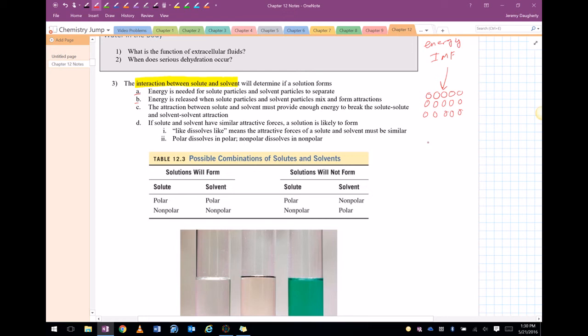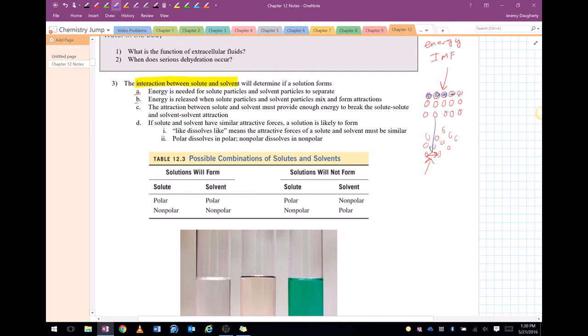The solvent also needs to be separated. On the molecular level, for the solvent, there's no space between these particles, because if there was space, there would be something there. We're not going to create a vacuum right in the middle of our solvent. So we have to separate these particles from each other so that we can put one of these solute particles in there.